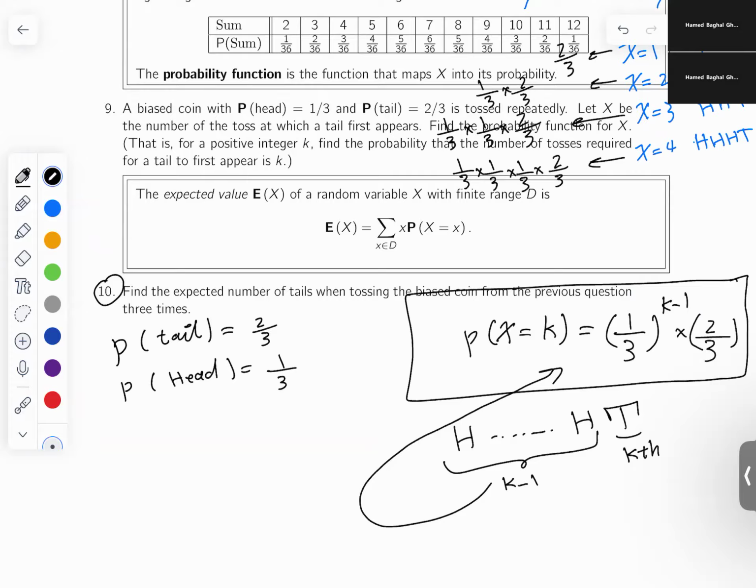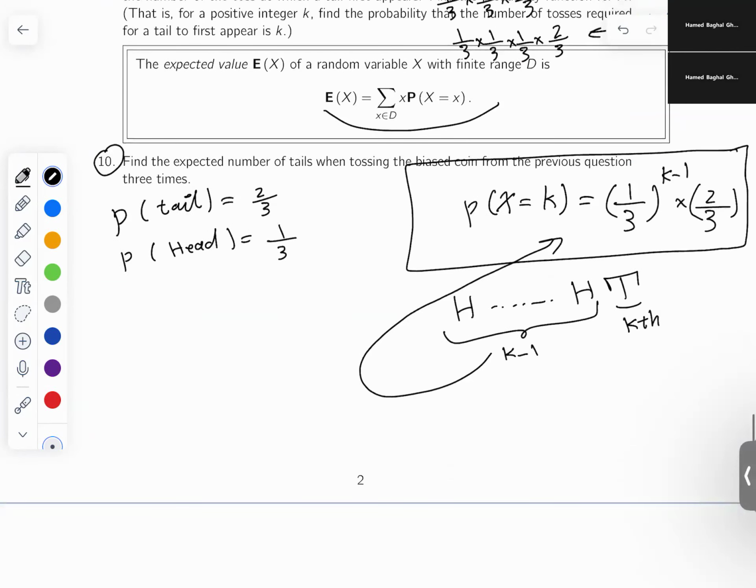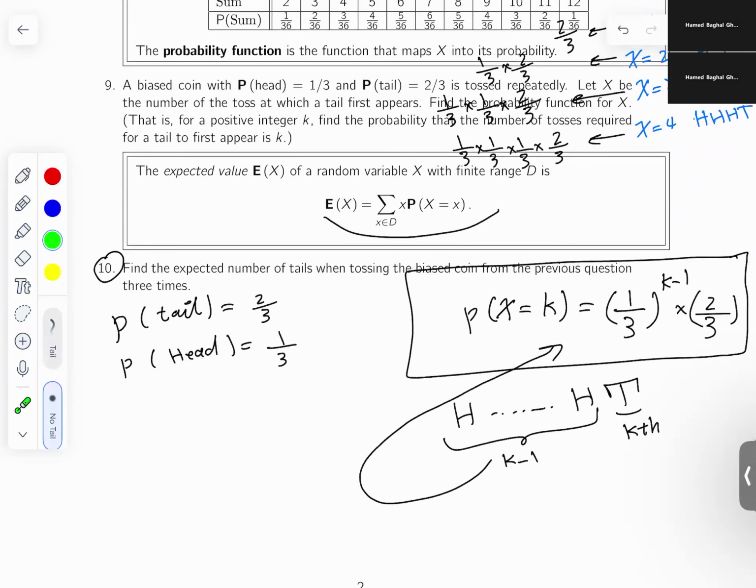All right. So expected value. You toss a coin 3 times. So first of all, we will use this one.